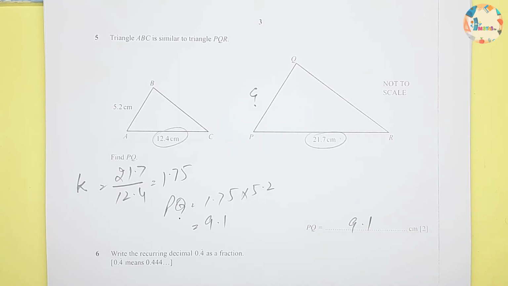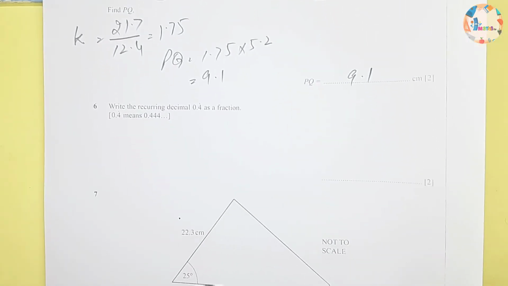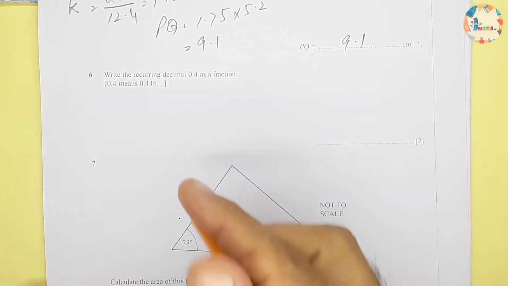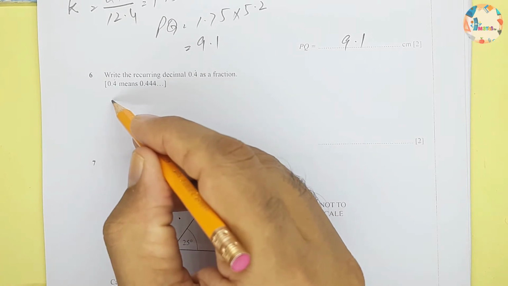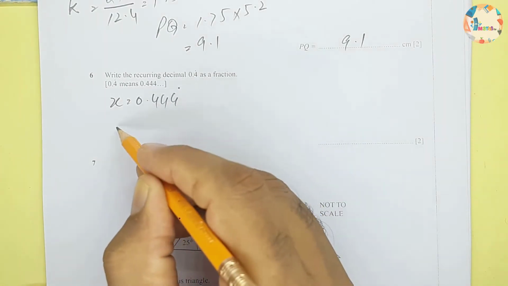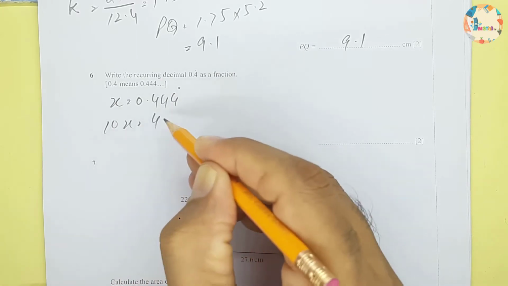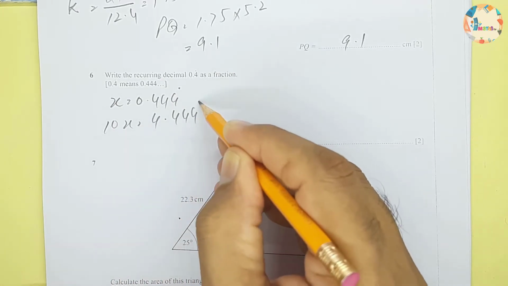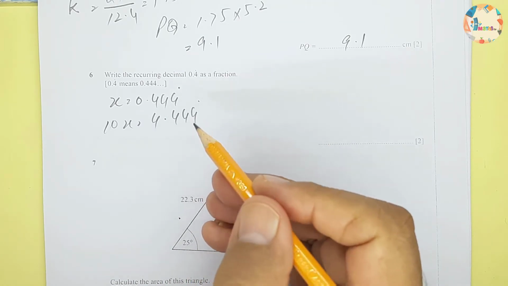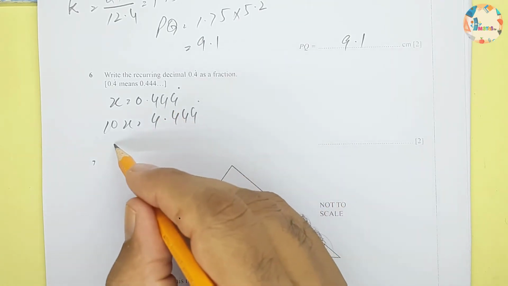Question number 6, this is about recurring decimal. Write the recurring decimal 0.4 recurring as a fraction. So we can write x is equal to 0.444 recurring, and 10x will be equal to 4.444 recurring. And now we can subtract this one.